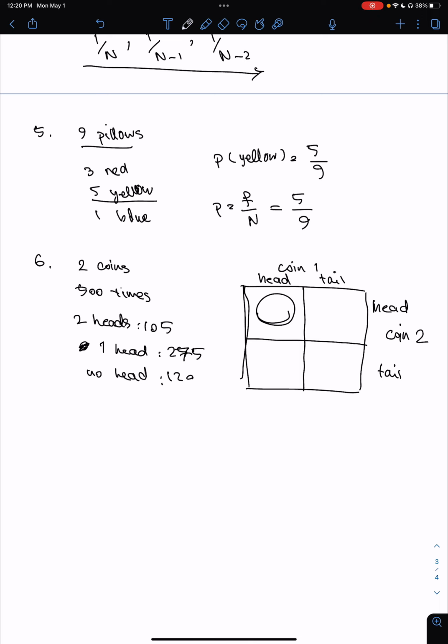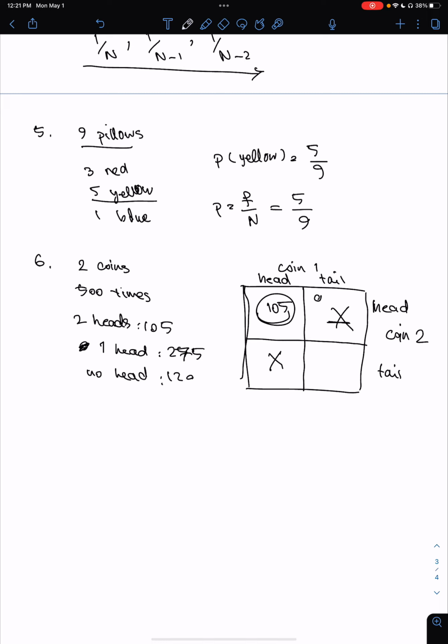We have this 105 times. We had 1 head, so it means that 1 head is basically when coin 2 is head and coin 1 is tail. So here, basically this cell, and also coin 1 being head and coin 2 being tail is also 1 head. So here's another one.